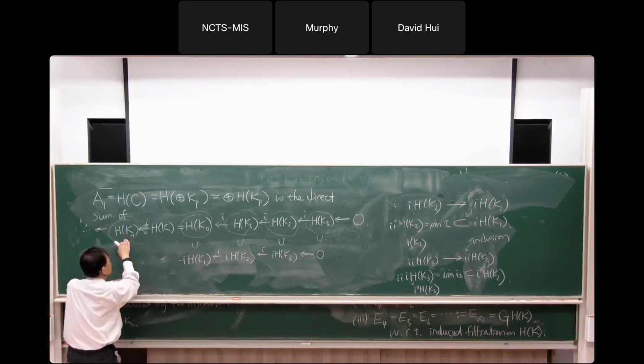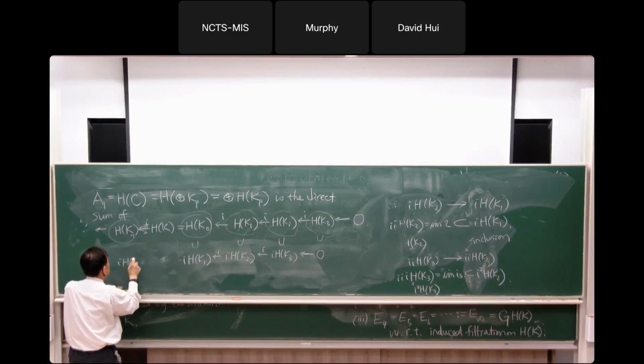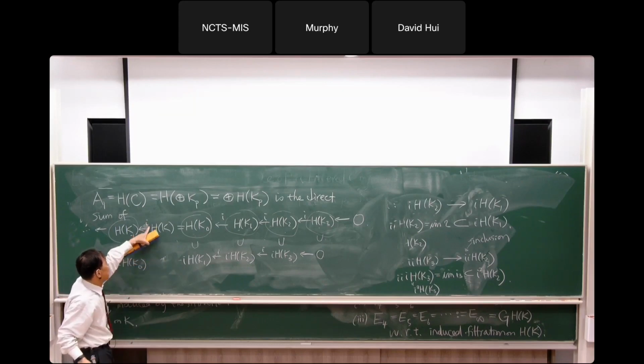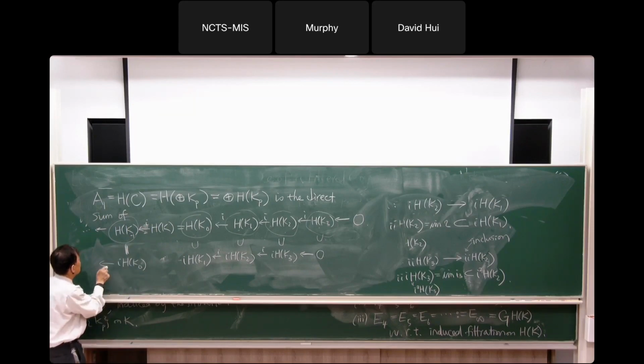This is HK0, HK1 is here. So I of HK0 is here. But this I is equality, so this is actually equality. And from here on, it's all equalities, right?